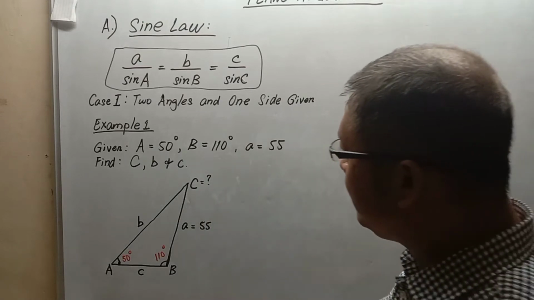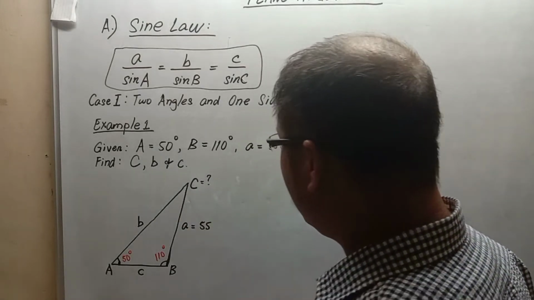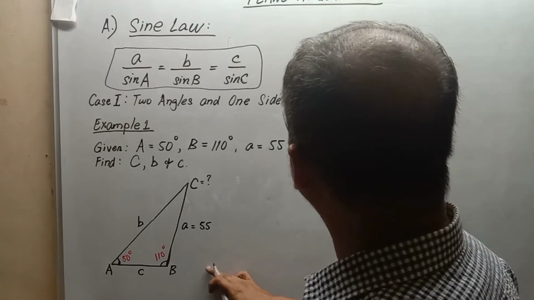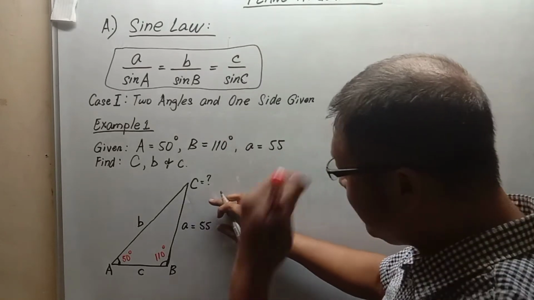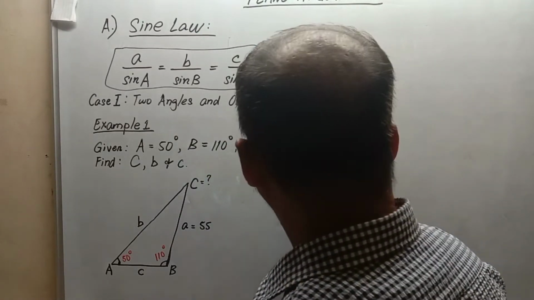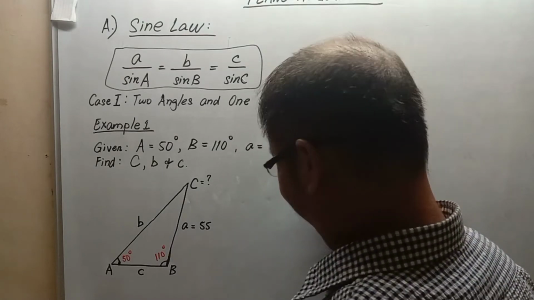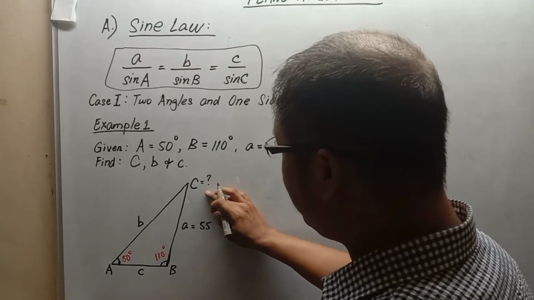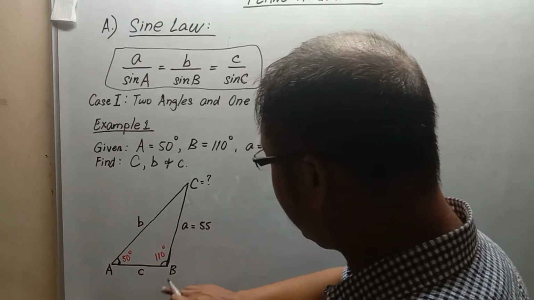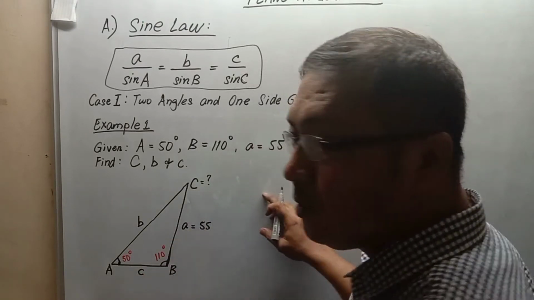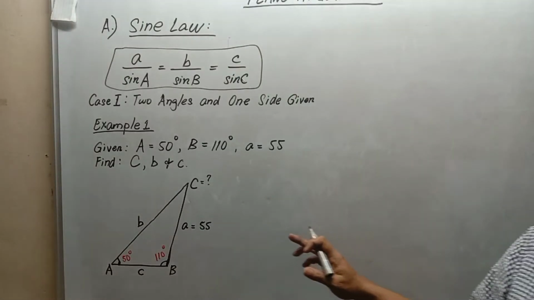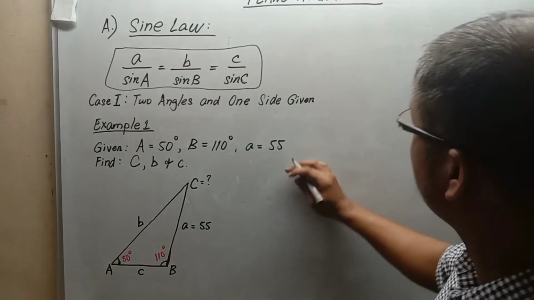But before that, we need to find the angle C. In oblique triangles, we can find the angle C by applying angle A plus angle B plus angle C is equal to 180 degrees. So, solution, guys.